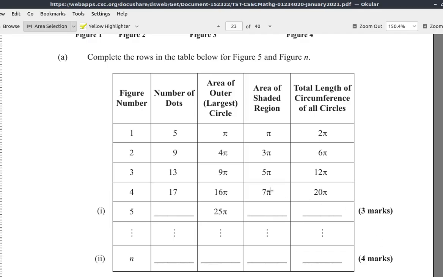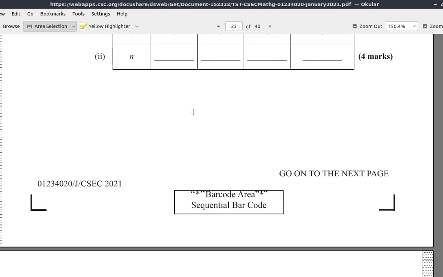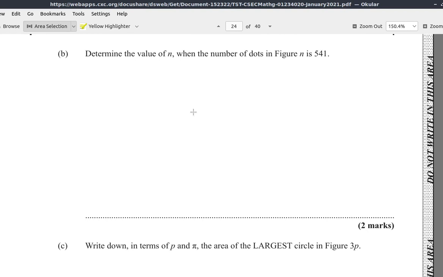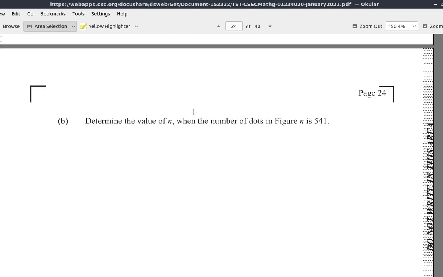Alright, but anyway, let us see what is happening here. Here, they say determine the value of n when the number of dots in figure n is 541. Alright? So determine the value of n when the number of dots in figure n is 541. Let's try that.